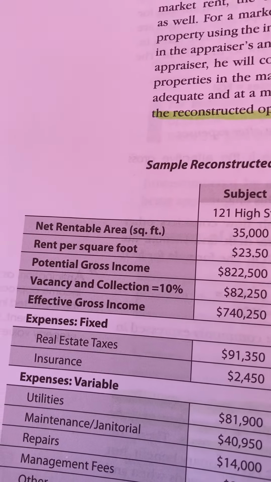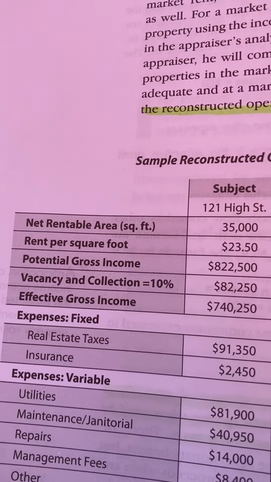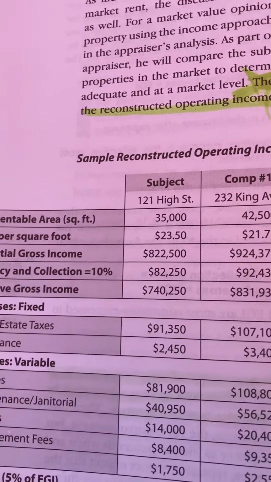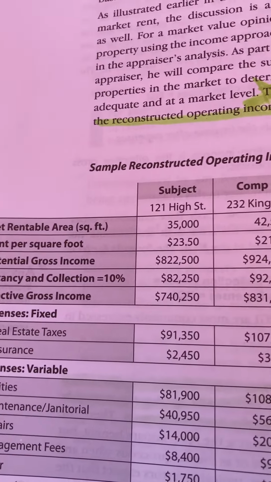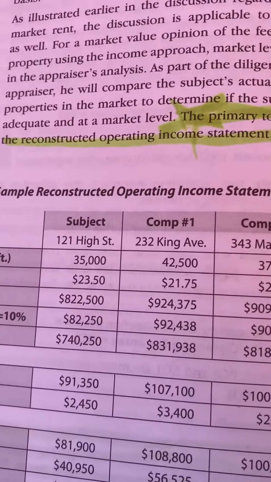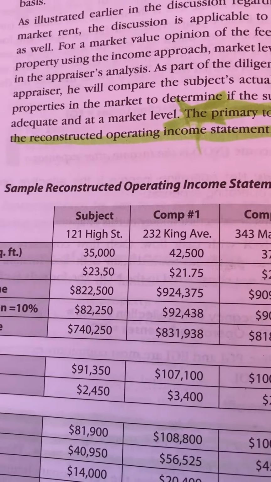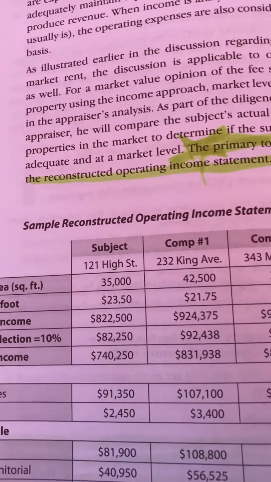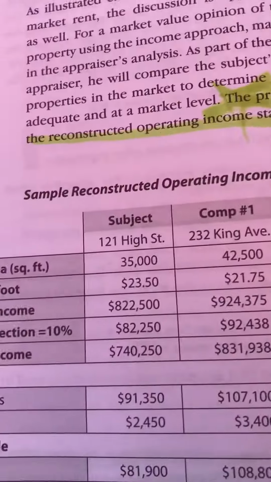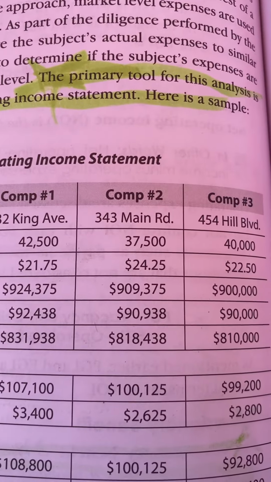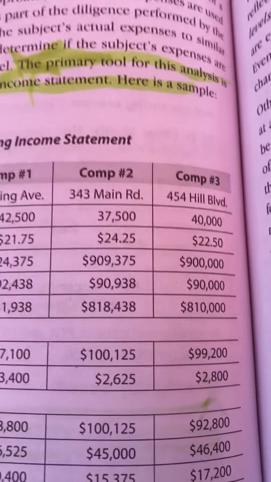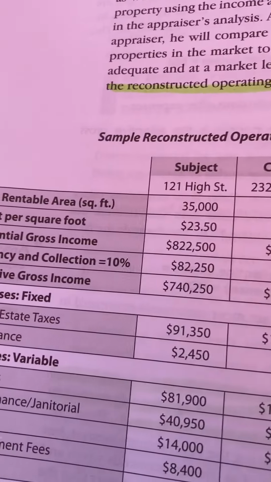The next line is going to be rent per square foot. Your subject is $23.50 per square foot. Comp 1 is $21.75 per square foot. Comp 2 is $24.25 a square foot, and Comp 3 was $22.50 a square foot.